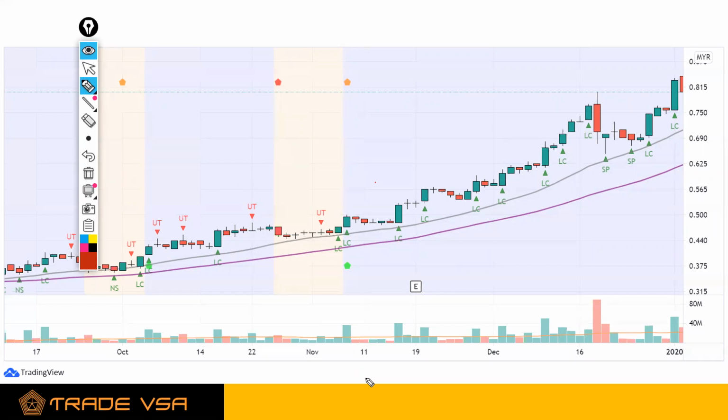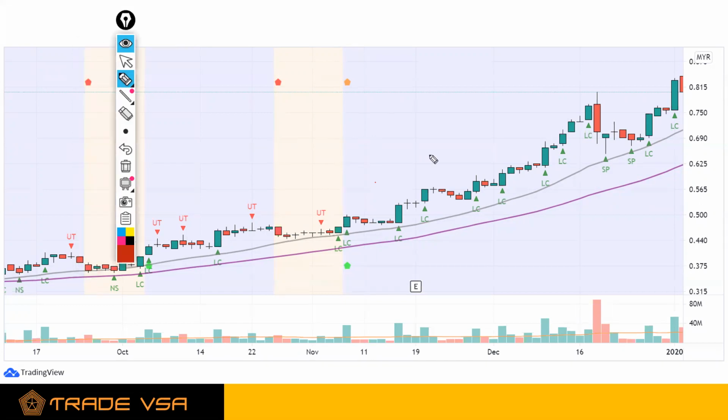Many SOS. On 16th October, somewhere around here, this LC. LC at the second GP in November. 11th November. November 19th LC Dalbar low volume. The third NS, where's the NS?